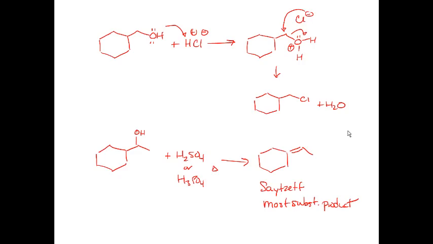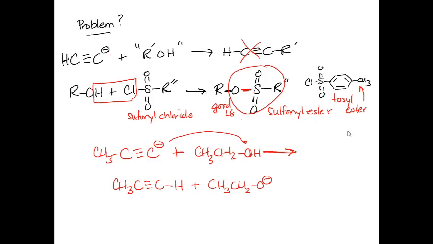But that's not going to work if I'm going to try and substitute the OH group with a strong base that has a negative charge. And so in that case, I'm going to have to convert my alcohol into a sulfonyl ester, or a tosyl ester more specifically, and then I can do SN1, SN2 and E2 reactions on what was an alcohol, which is now the ester, since now that's a really great leaving group.